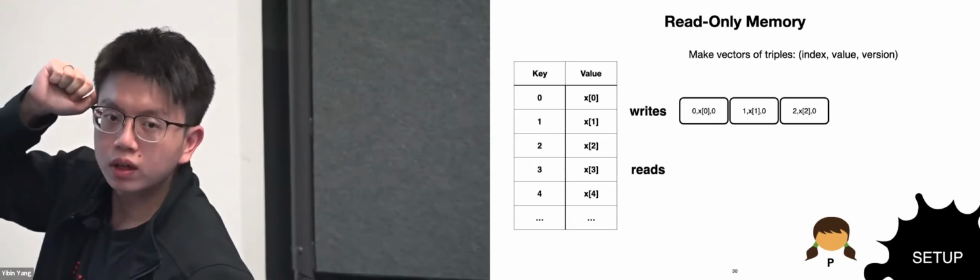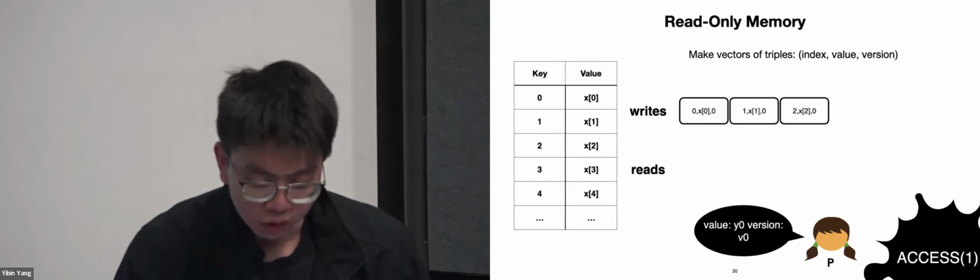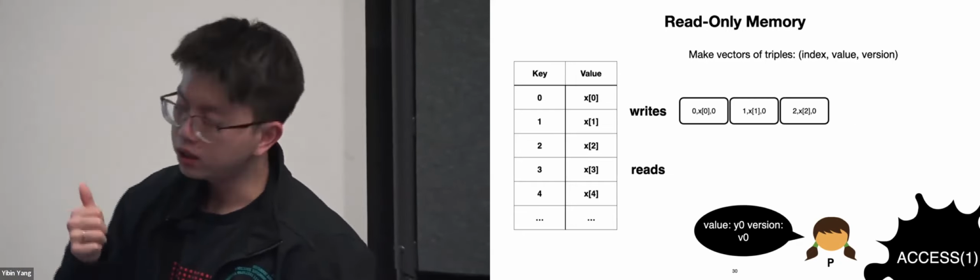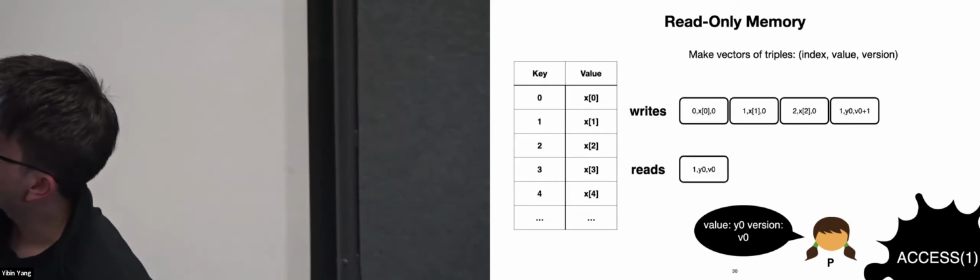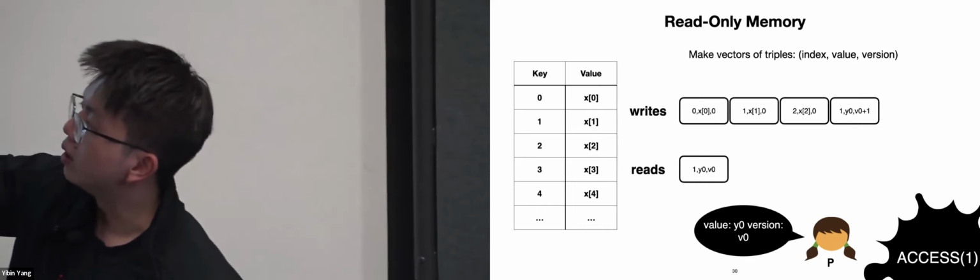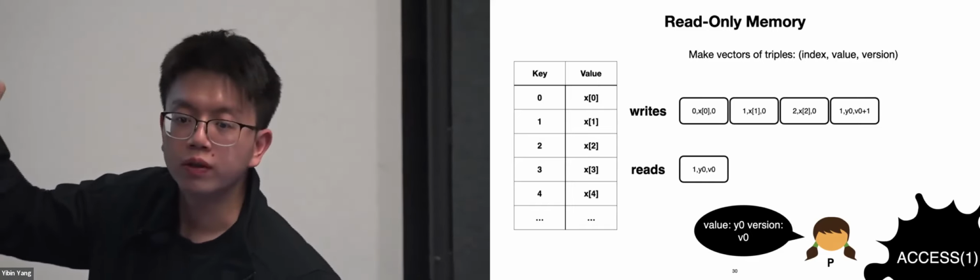Now let's assume we want to read the index 1 element. We ask the prover to commit the value, say it should be y0, and the current version is v0. So we put a unit in the reads array: when we access this unit, the result should be y0, and the latest version should be v0.